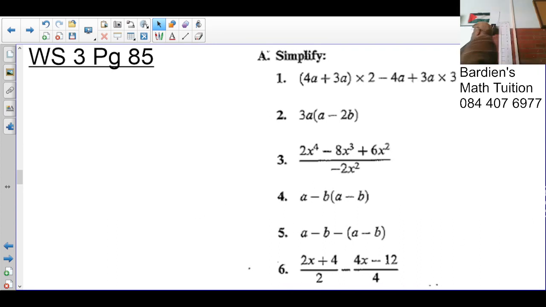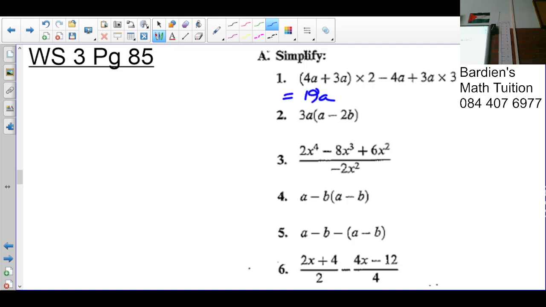People, number 1. What's the answer to number 1? What do you guys get? 19A is correct. You all agree with that? The next one? 3A squared. You all agree with that? Yes, sir. The next one?